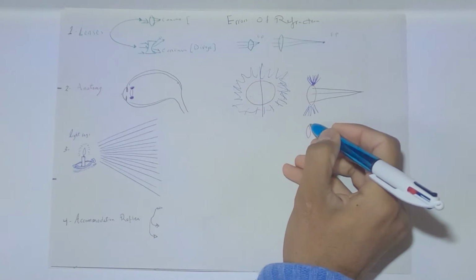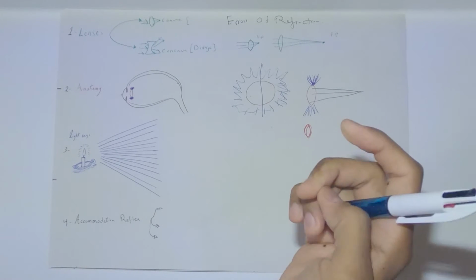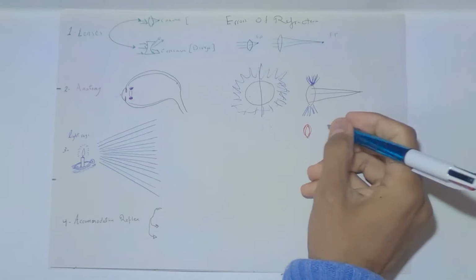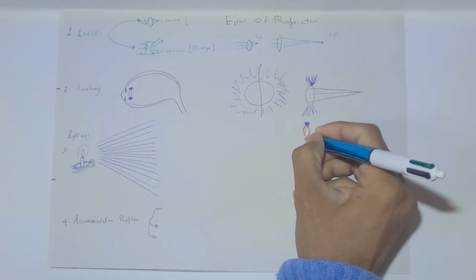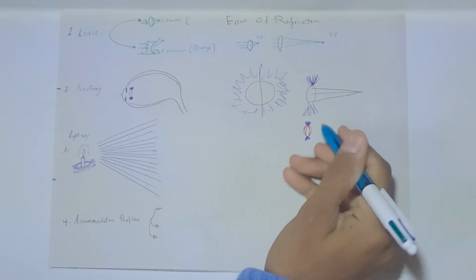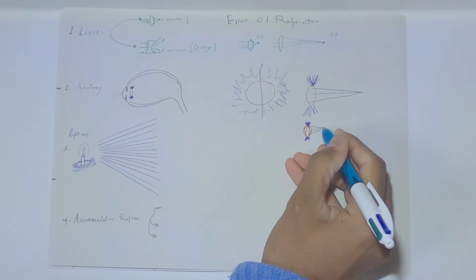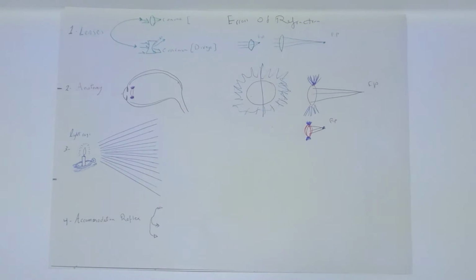You will get the lens becoming more curved. That's the ciliary muscles, they got contracted. You will get a near focal point. Okay, that's the second thing that I wanted to touch on.